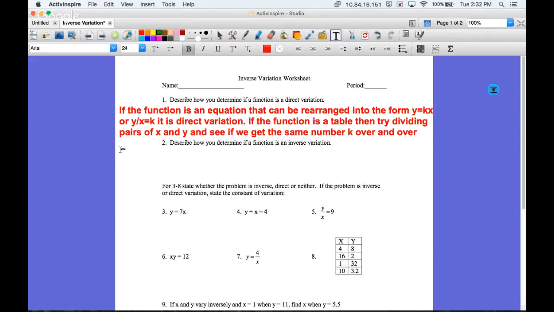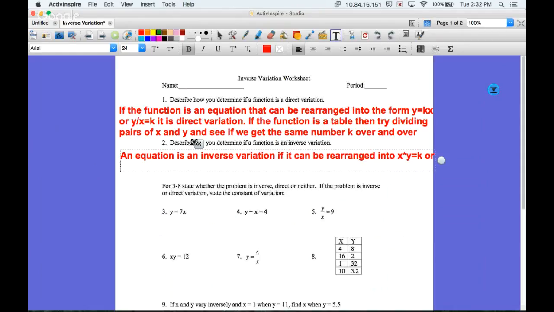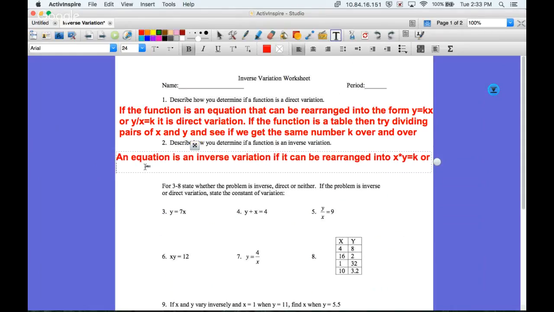Inverse variation, very similar. We'll say an equation is an inverse variation if it can be rearranged into x times y equals k, or the other way that it can show up is if we divide both sides by x, y equals k over x.